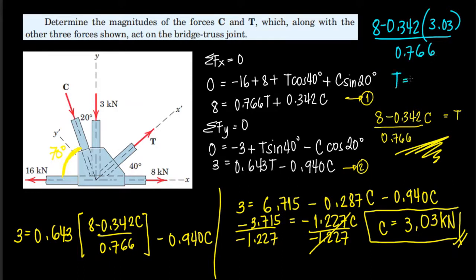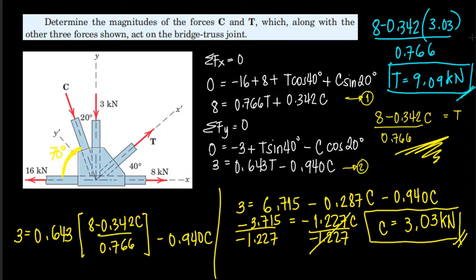And T should be equal to, so you just put it in your calculator. 8 minus 0.342 times 3.03 divided by 0.766. And yeah, T is 9.09 kilonewtons.